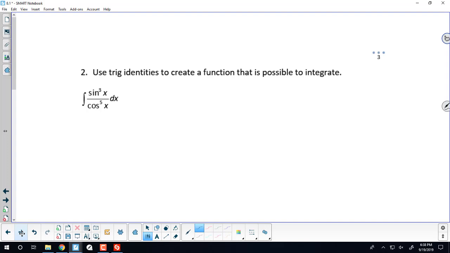Yeah. Break it down into sine cubed over cosine cubed. So if we write this as sine cubed over cosine cubed, times 1 over cosine squared.